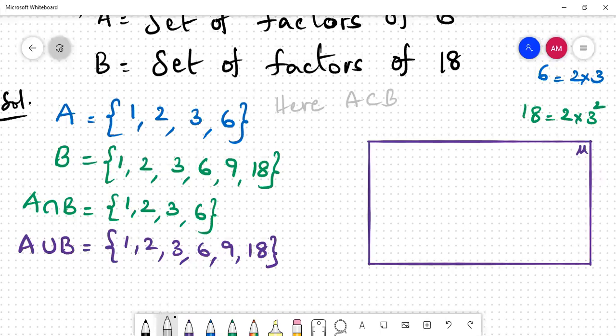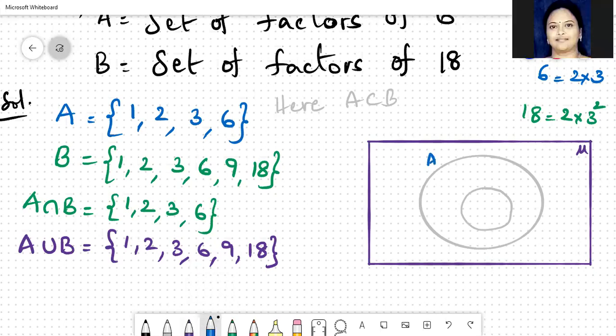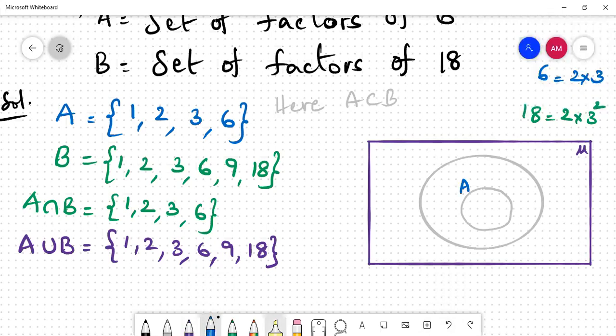The bigger set is B. Inside B we have to take A. A is the smaller set, and B is the bigger set, the green one.